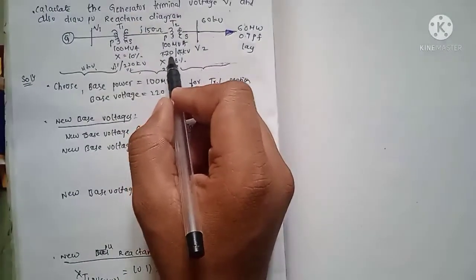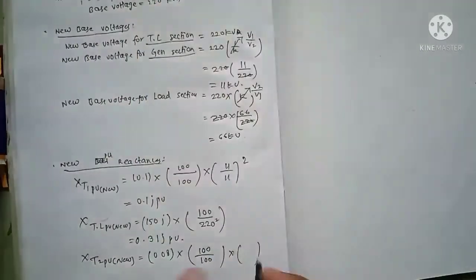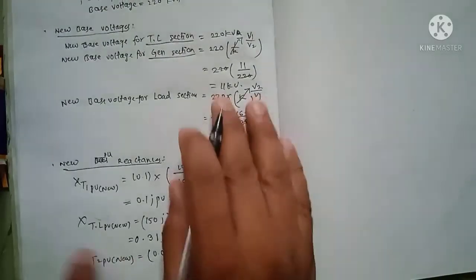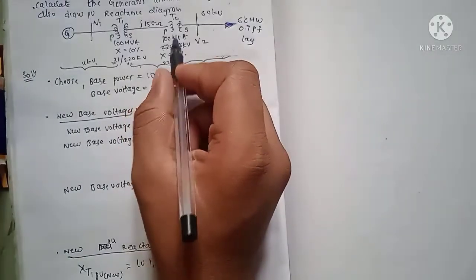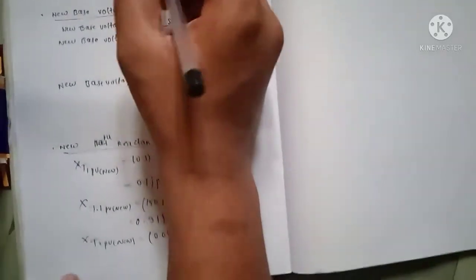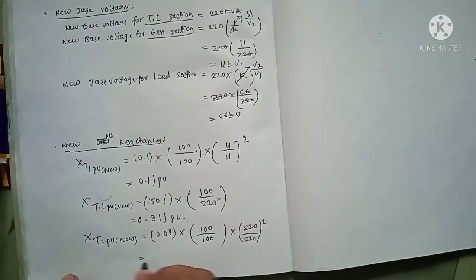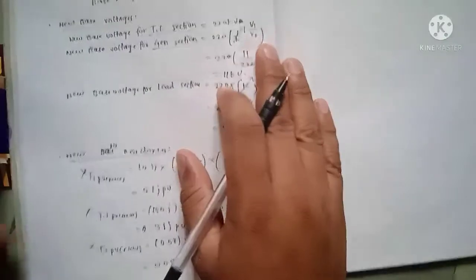Here, for the old voltage I will take the primary side, 220, divided by the primary side section voltage 220 whole square. The whole thing gets cancelled. We are left with 0.08 j pu.